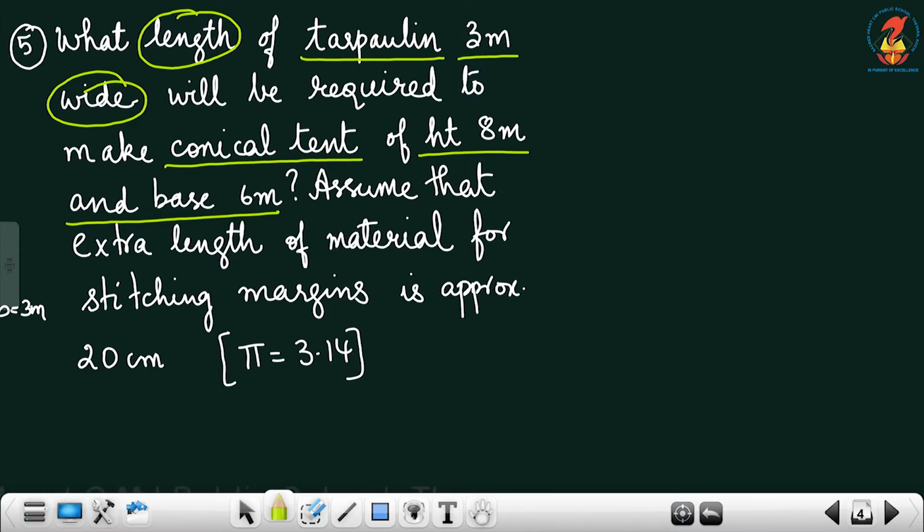Assume that extra length of the material for stitching margins is approximately 20 centimeter. And here the value of pi is given in the question. That is, you should use pi as 3.14.